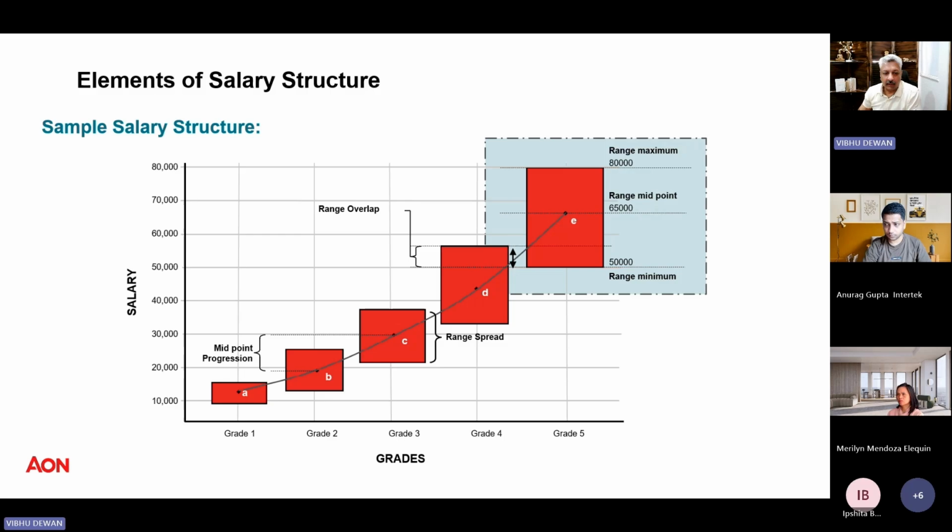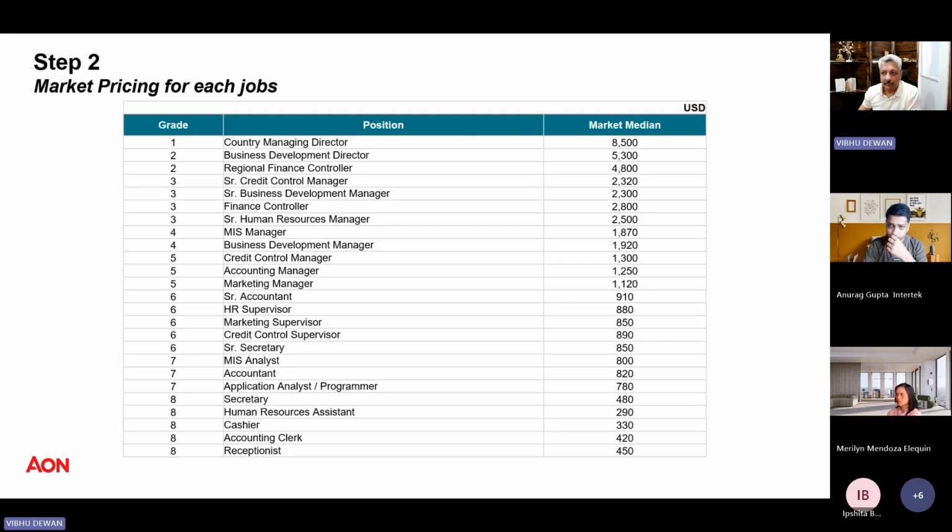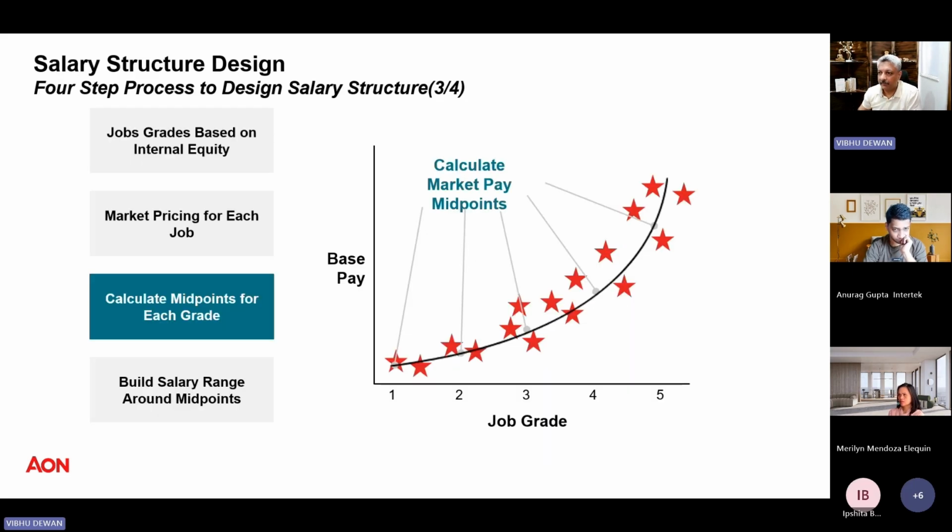Now we have to identify the midpoint. Why midpoint? Because here, if you look at it, there are two positions in grade 2. What is the midpoint? There are 4 positions in grade 3. So what is the midpoint of these 4 positions? What is the midpoint of 5 positions in grade 6? Now that's where the question is, what is the midpoint?